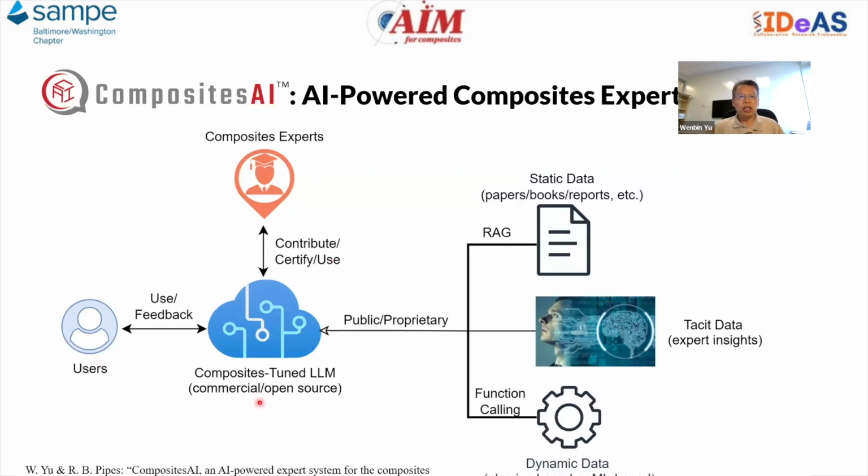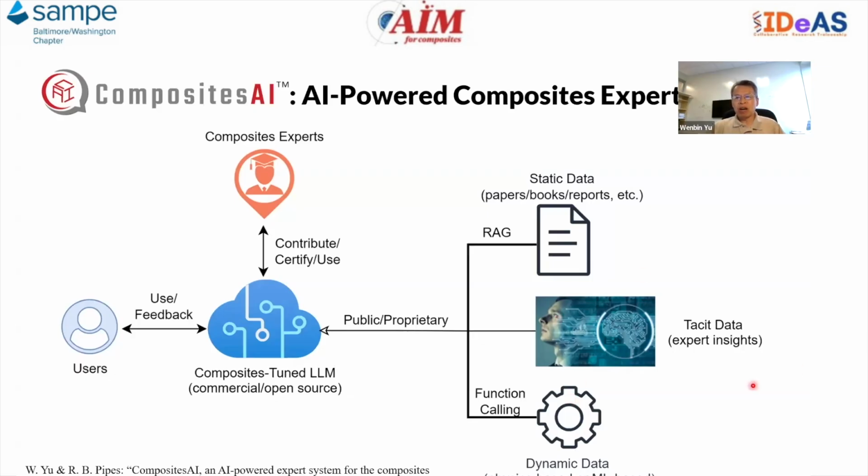And the composite AI engine here has access to 3 types of data, as I just mentioned. For static data, usually we use the mechanism called retrieval augmented generation. And you could also have dynamic data. Those are the simulation tools, and you use function calling through APIs, or recently there is a mechanism called skills, and we're also testing that right now.